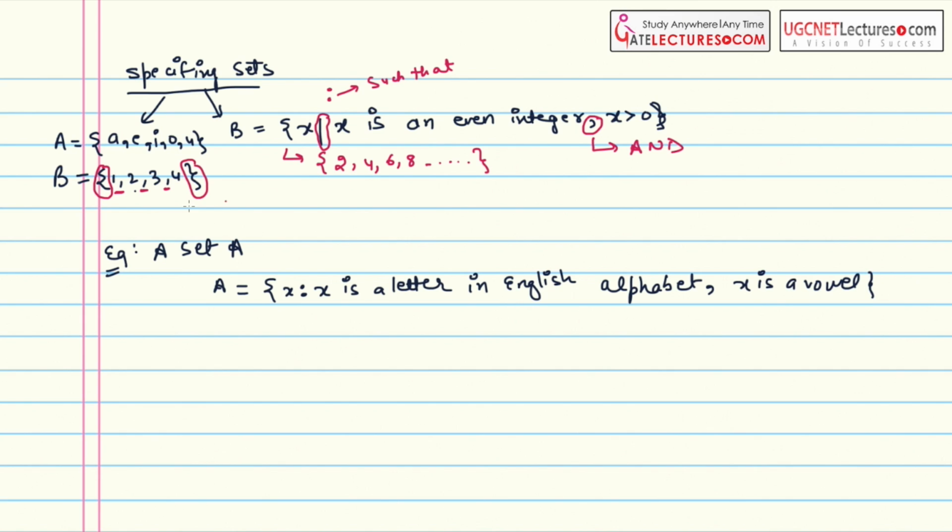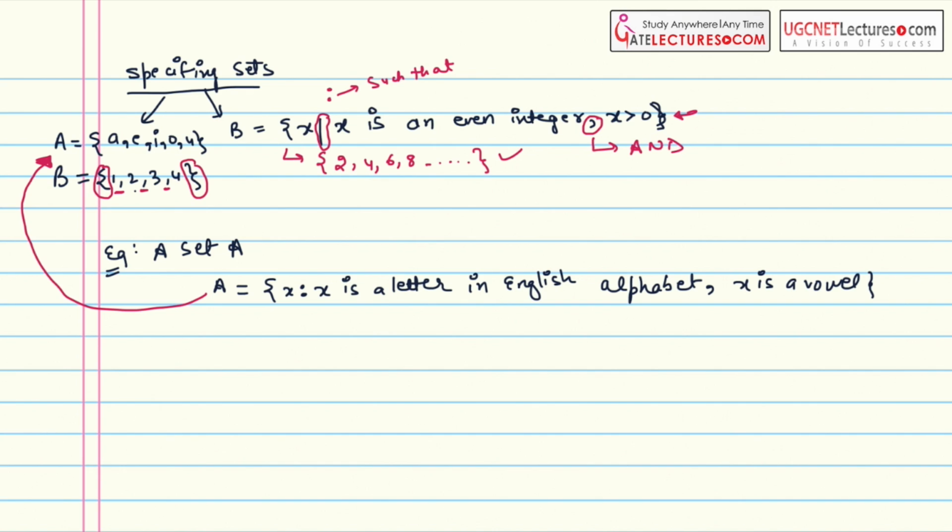If you see, this set A is denoting the same definition which the earlier set A is denoting. So we could have listed down all the elements in the set, as we did earlier, and here we are just denoting the properties of the set.